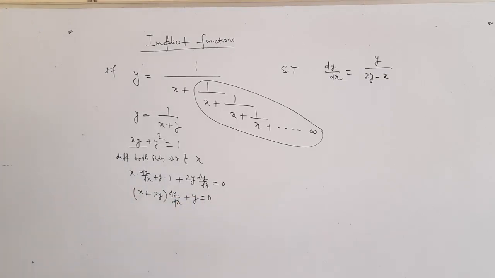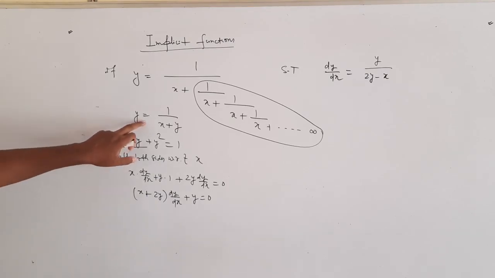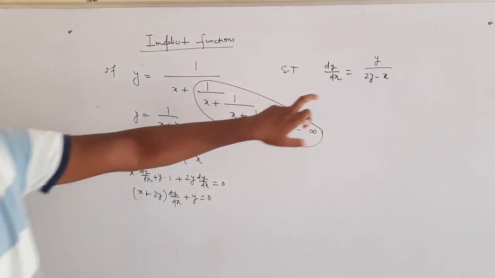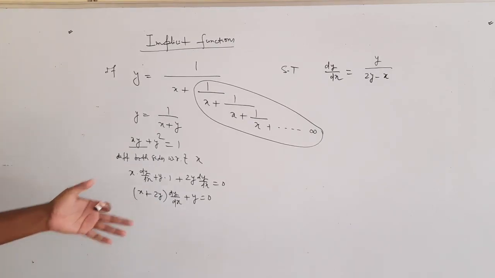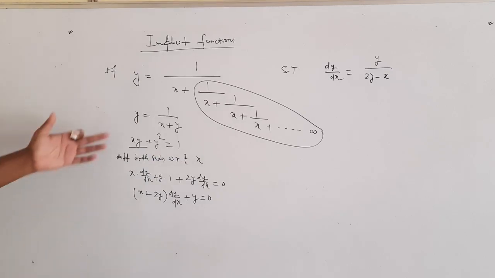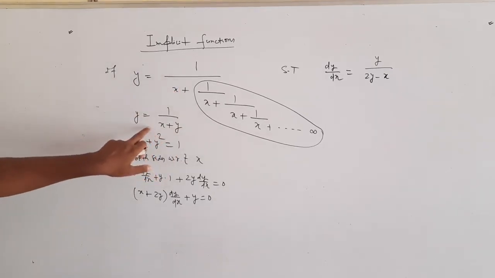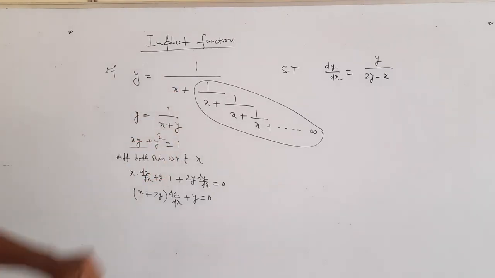Then dy by dx is y over. Again I have to verify whether this one is proper or not. So this one looks wrong. This is y over 2y minus x and we are getting 2y plus x. So either we are wrong or the question is wrong. Now let me see, because we have x plus y, this is correct.